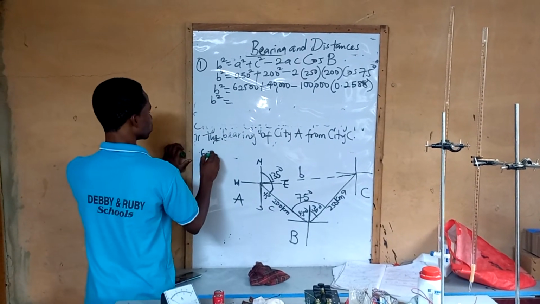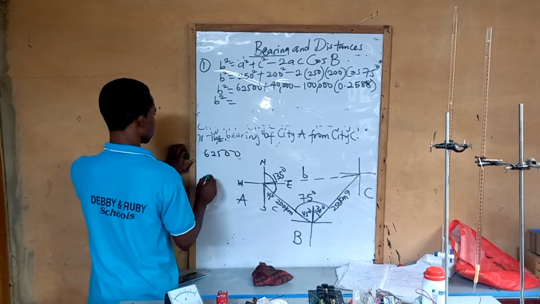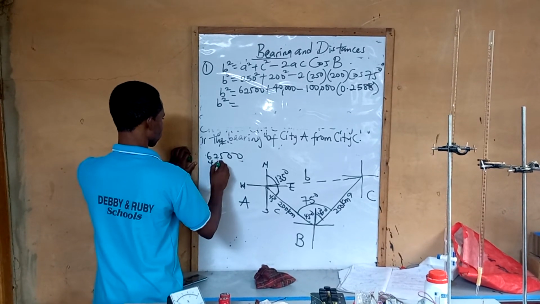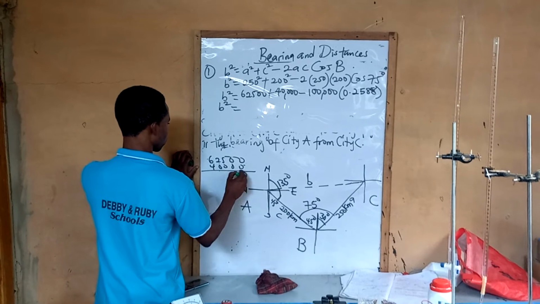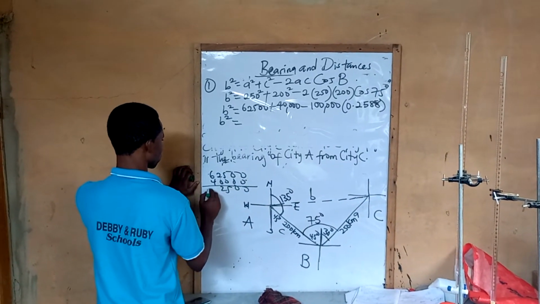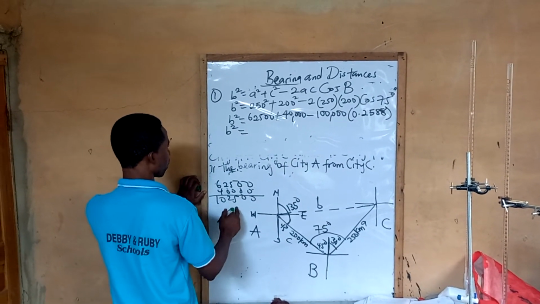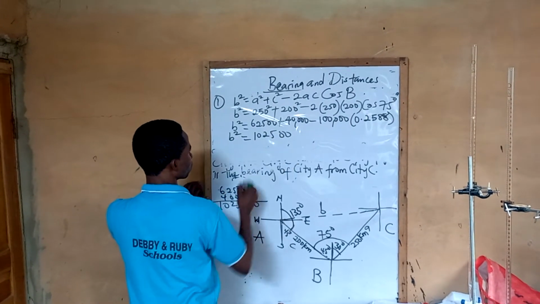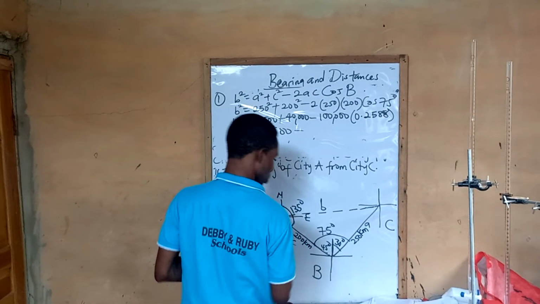We are having 62500, 40,000, 1025500 minus.